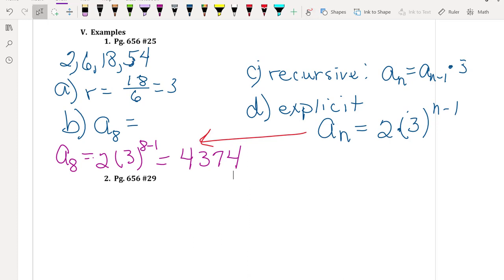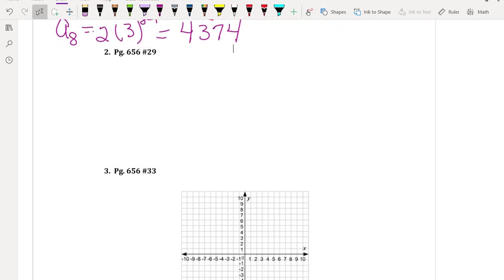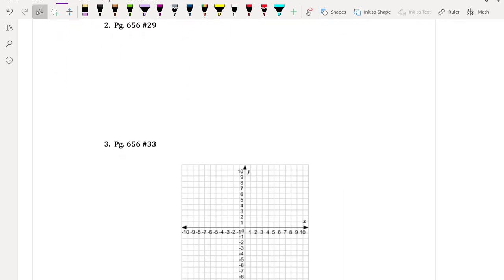All right, and then our final example is, we have another sequence for an arithmetic one, and then we're going to graph a geometric sequence.